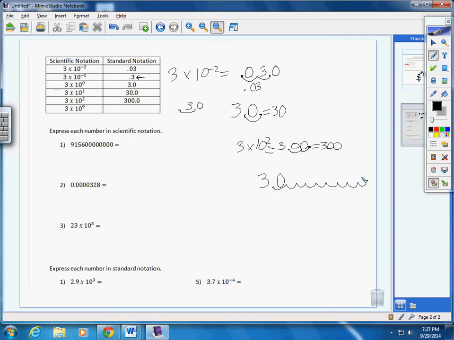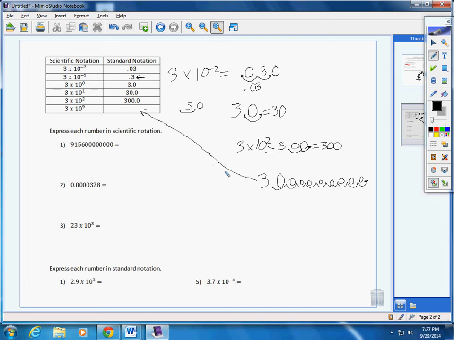Place my decimal, and then fill in all those spots with zeros. So your new answer is 1, 2, 3, 4, 5, 6, 7, 8. Right now I have 9 zeros. So that means I have the number 3 billion. If I were you, I'd probably write that right in that box.